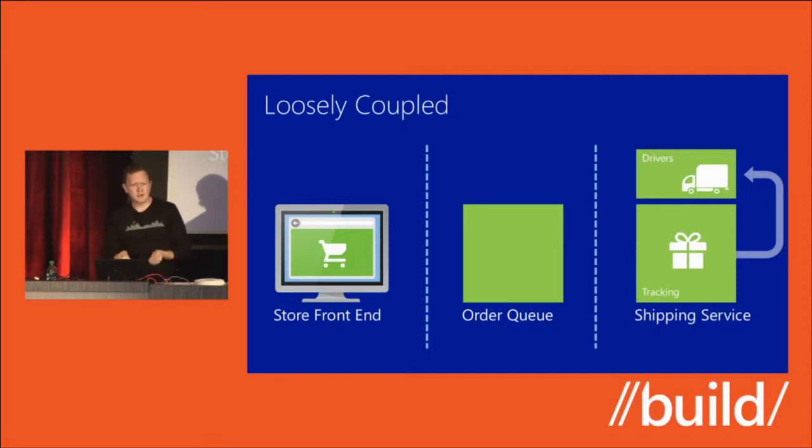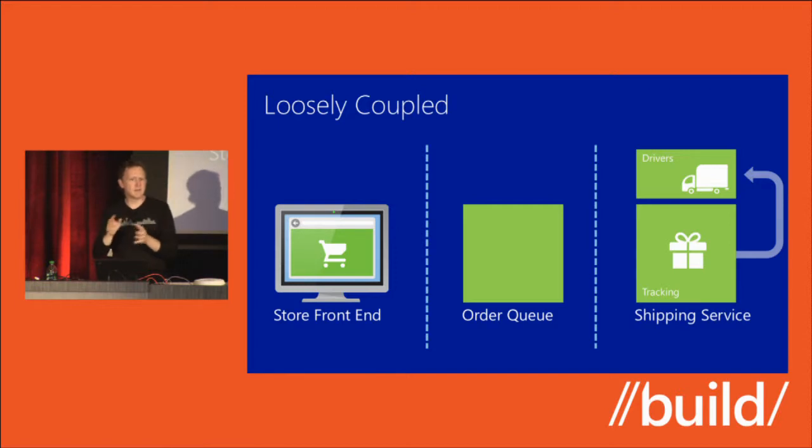It also gives you this notion of load leveling, in that the front end can be submitting orders, and the load can vary dramatically during the course of a business day, say. So at times of peak load, those messages will just back up in the order queue, and the back-end service will just process those messages at a steady pace until it's eaten up the backlog of orders in the queue. So it gives you that load leveling capability.